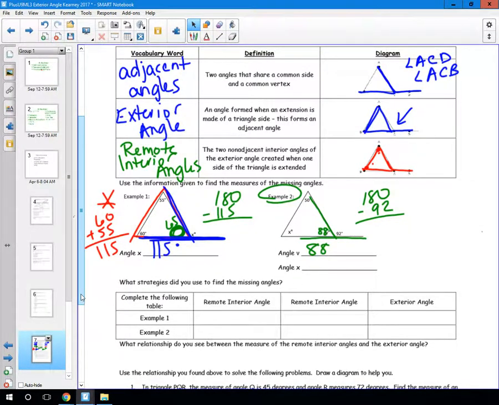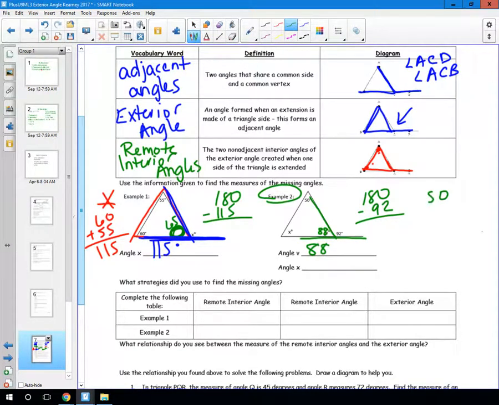And now, can I use 88 and 50 to find X? Yeah. What do all angles in a triangle add up to? 180. So I can use the 2 that I know to find the missing angle.